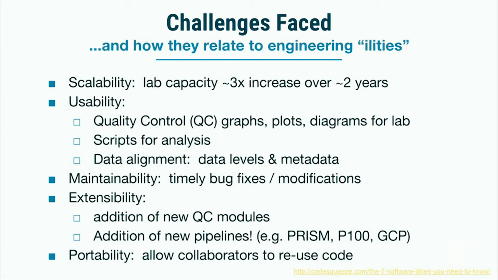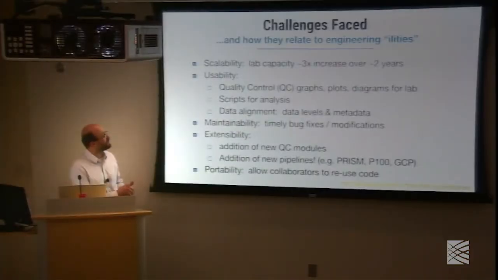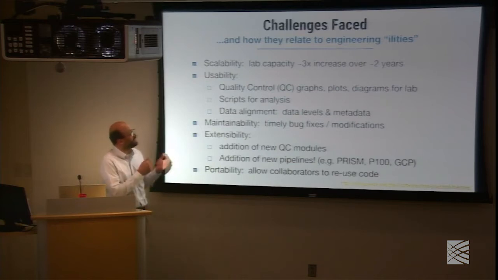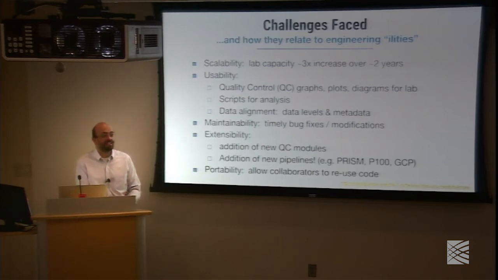Usability, again, generally we're not talking about end users, biologists, and making applications that are usable for them, but we do have some usability issues in that we do a lot of quality control. We generate a lot of graphs and plots and diagrams for the lab to give them feedback on how the processes are running in lab, and it's important for those to be usable by the lab folk. We have scripts we use for analysis.